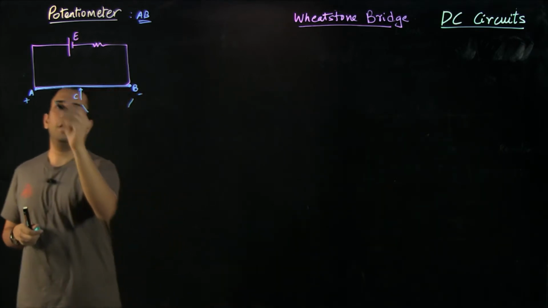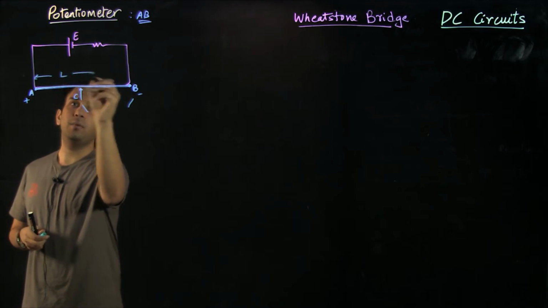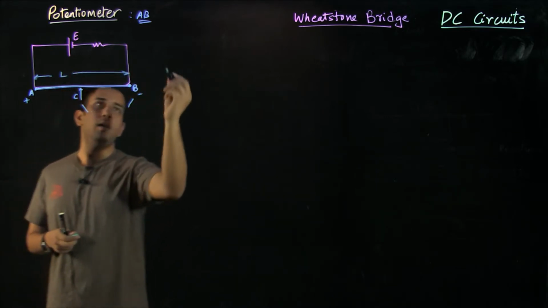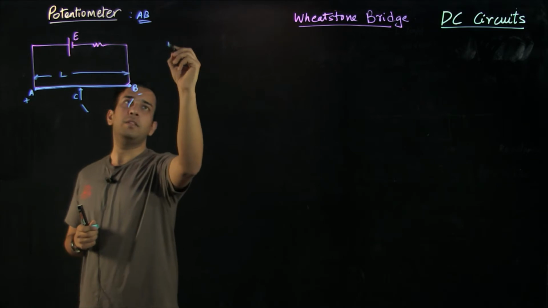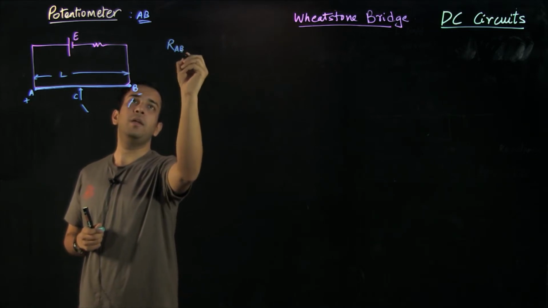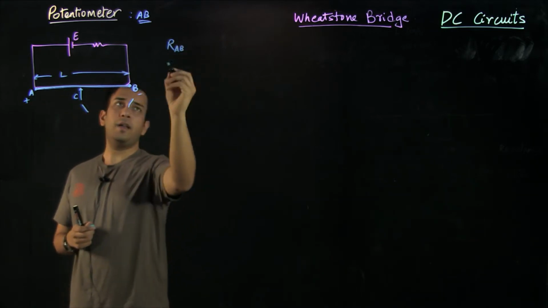Let us say the total length of the potentiometer is L, and the net resistance of AB is RAB.